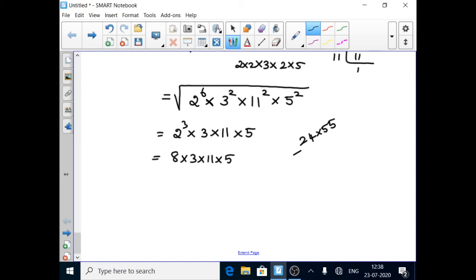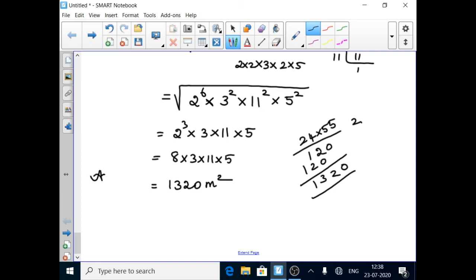So if you multiply, 5 4s are 20, balance 2. 5 2s are 10, 10 plus 2, 12. So again 120. So you will get 1320. It is a meter, so you can take it as meter square. Okay, this is the area of the triangular ground.